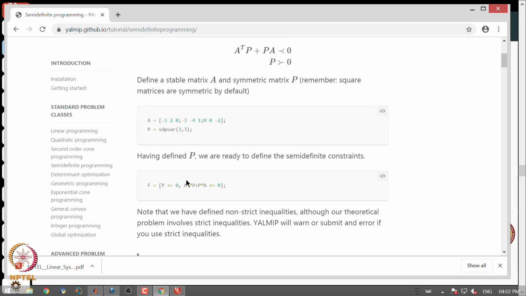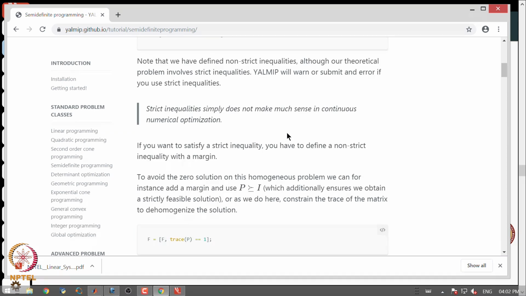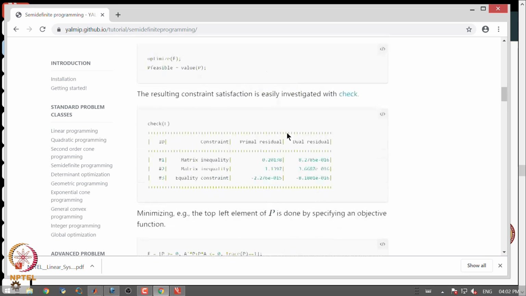There is a little warning which YALMIP gives us, that we are not really solving for strict inequalities, although theoretically we are looking for strict inequalities, right? P should be strictly greater than 0, and A transpose P plus PA should be strictly less than 0.